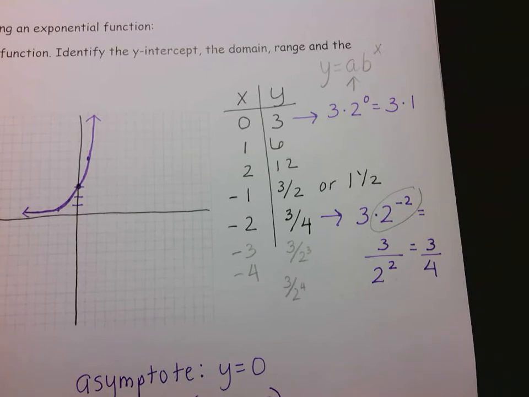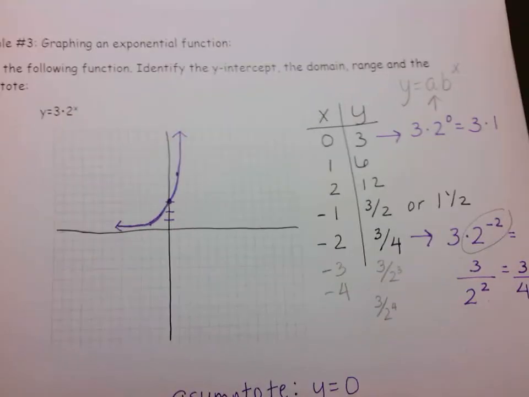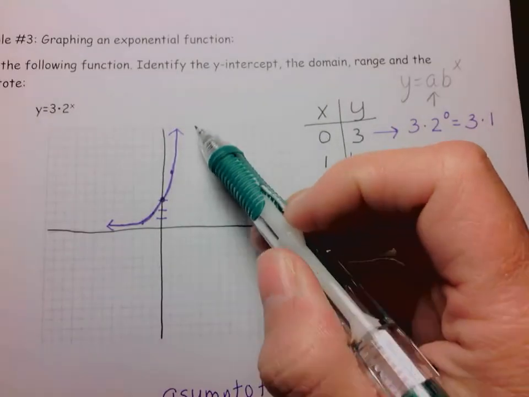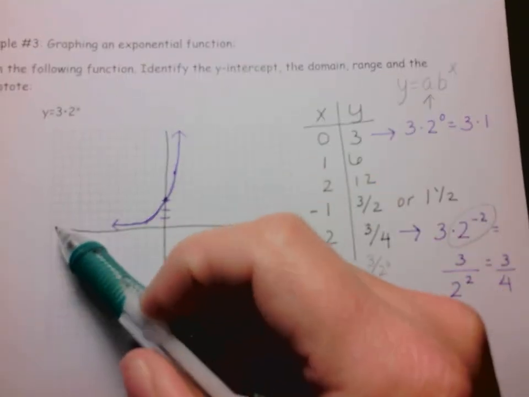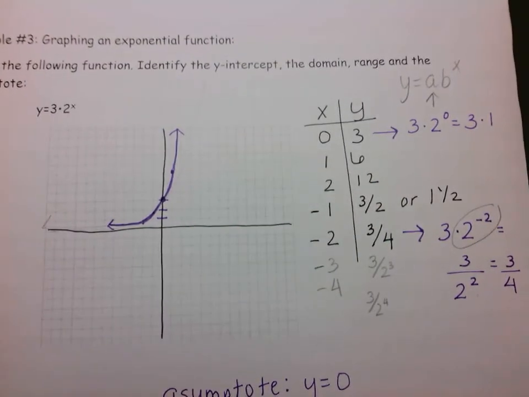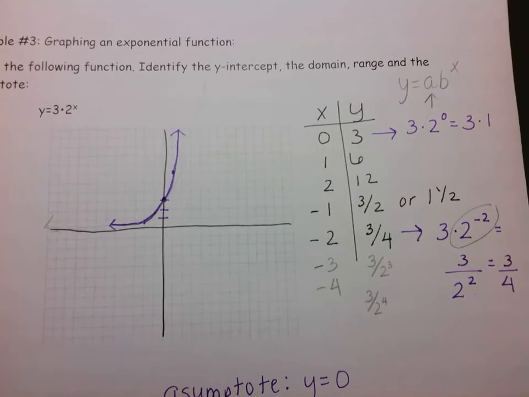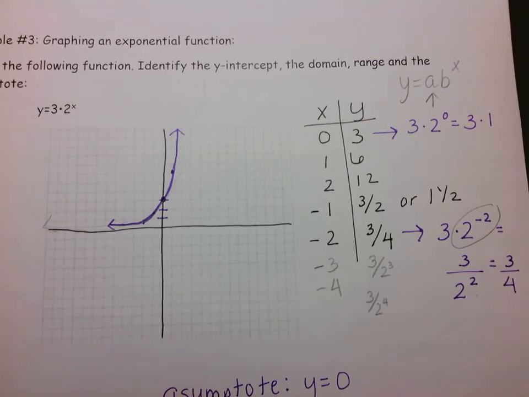The domain, remember, are all of your x values. So in this situation, your domain will eventually be all real numbers, because remember, this graph is going to keep going out this way towards infinity and keep going out this way towards infinity. So this graph will eventually cover all possible x coordinate points.